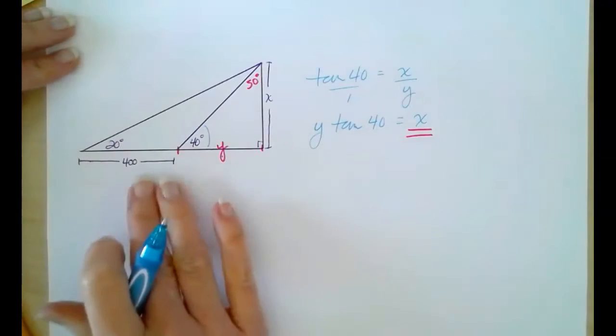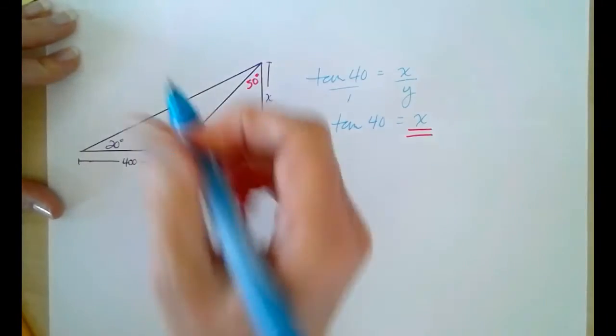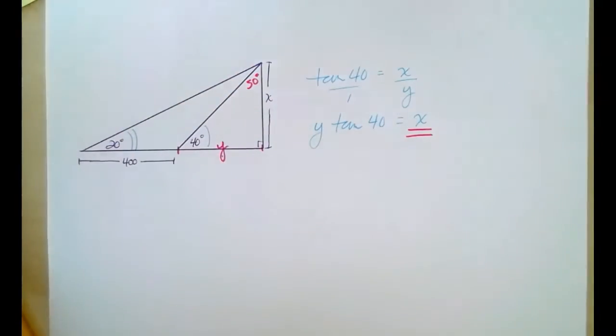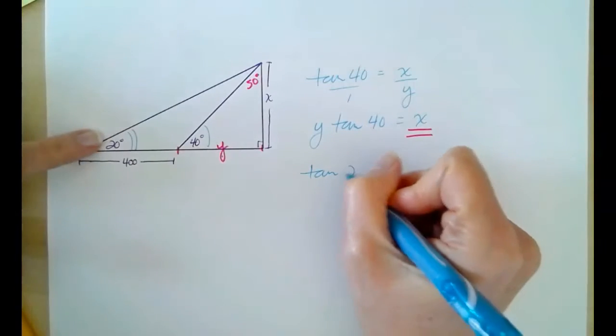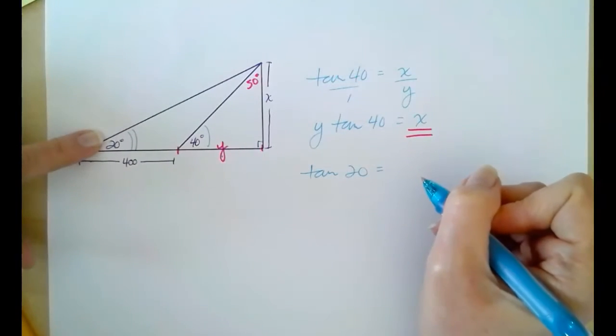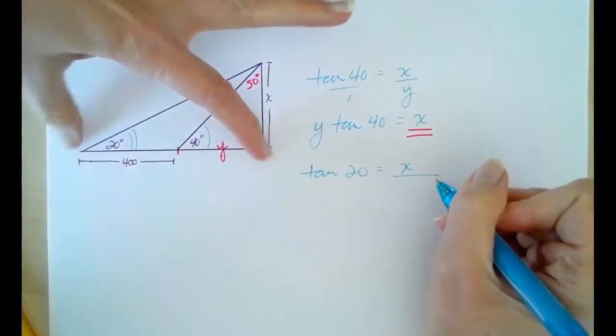Now, if we take a look at the triangle as a whole, we can write another equation. We can say that the tangent of 20 is equal to opposite over adjacent.